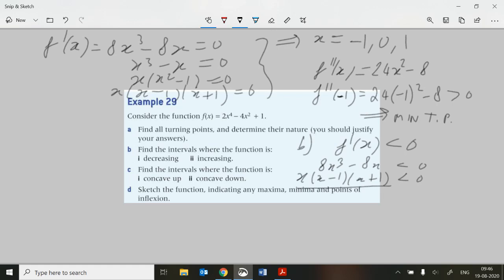Now, if we draw this out, again, we know the shape of this graph, and that's how I would deal with this one. We can see that the shape of this graph is a positive cubic, and then we can look at our solutions. Our important solutions to consider are minus 1, 0, and 1.